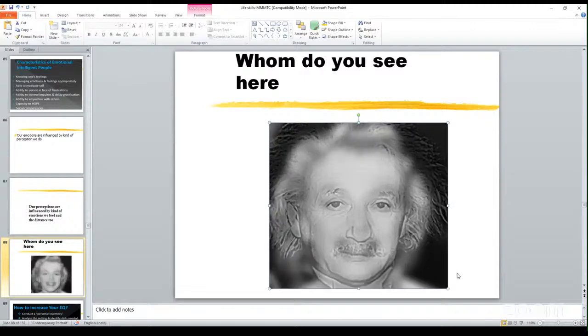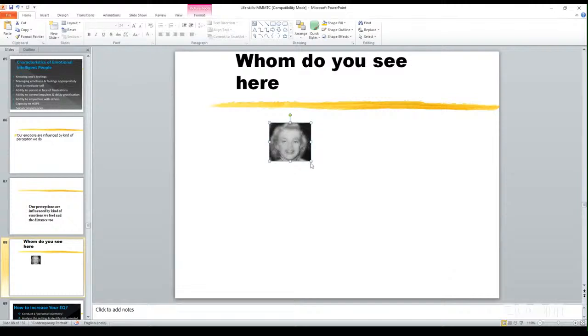I'm increasing the size of the picture. Yes, sir. Are you clear, madam? Now I reduce the size of the picture. Whom are you seeing, madam, or sirs? Some lady. Can you name the lady, madam?